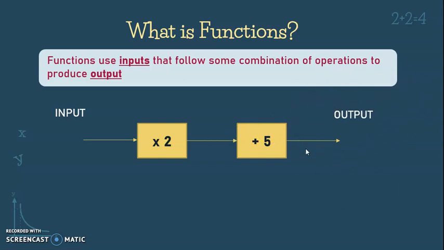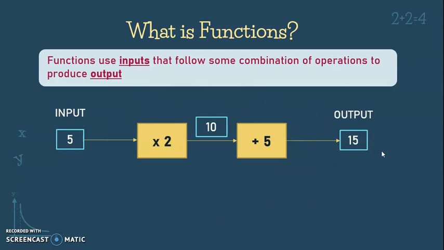So for example, we have an input value of 5. So 5 multiplied by 2, you get 10. 10 we add with 5, we have the output value of 15. So output value is actually the result once you perform the combination of operation. That is the output value.